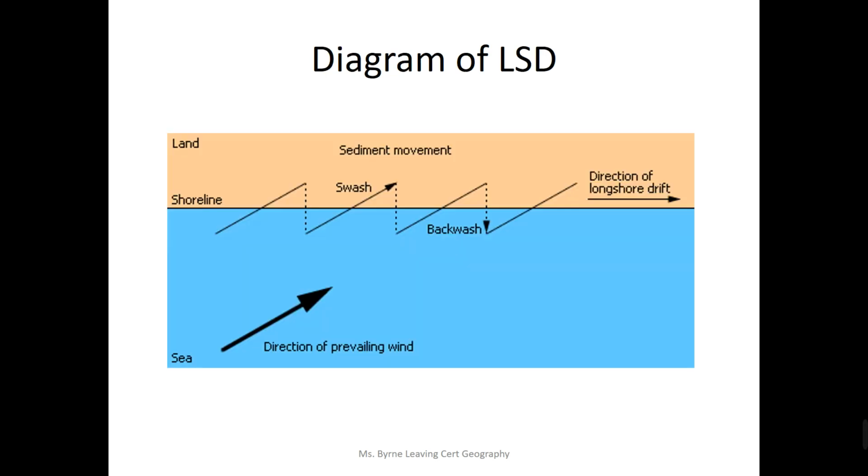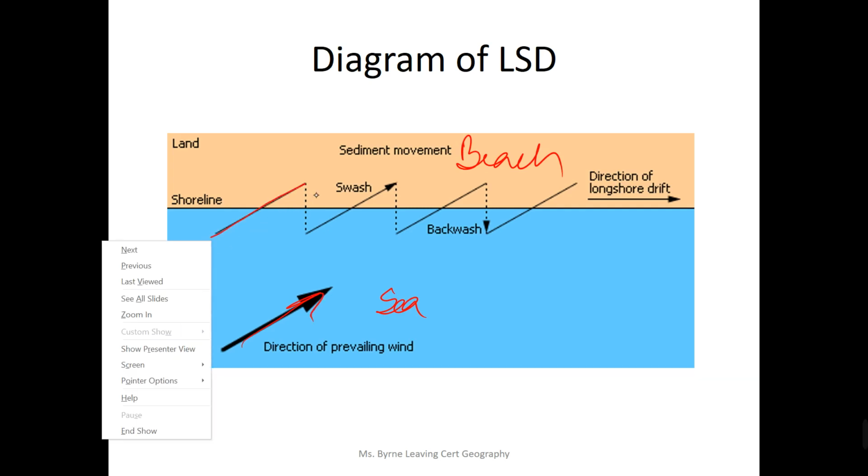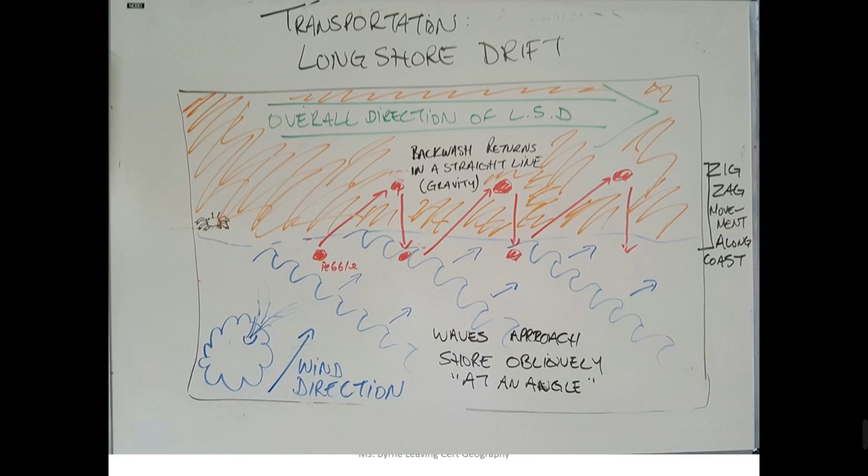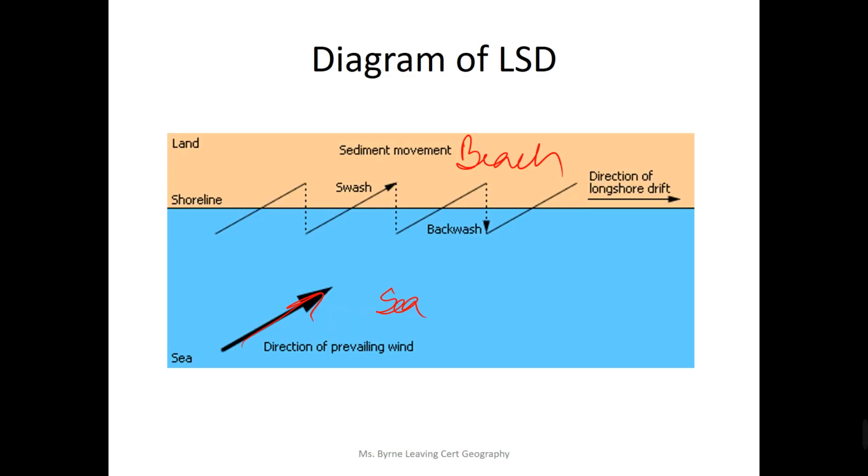Okay, so Longshore Drift. Now this isn't the diagram that you're doing, but just to give you an idea. So this is the sea. This is the beach. This is the wind direction. So when the wave breaks, it breaks obliquely.